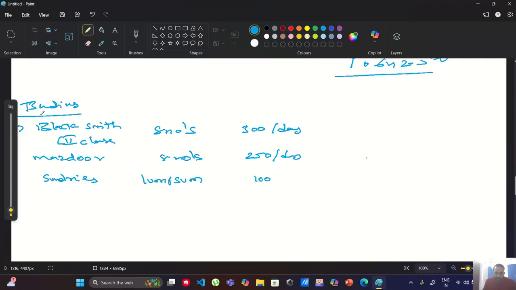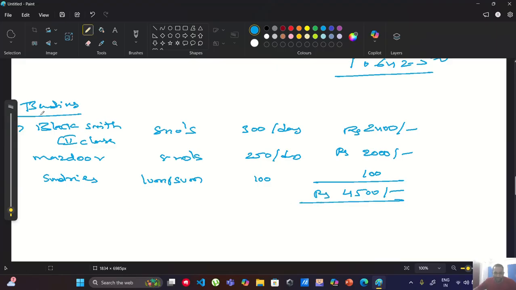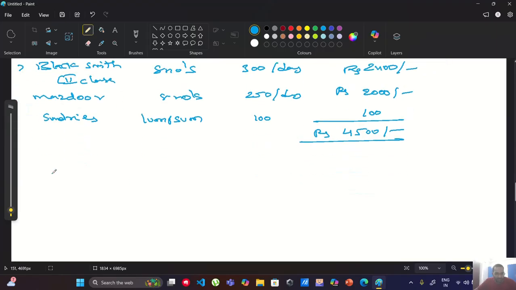I am taking 100 rupees, and the cost of these labors is 2400, and this is 2000, and this is 100 rupees, and the total value is equal to 4500 rupees.